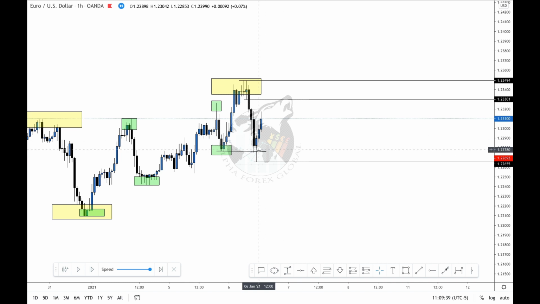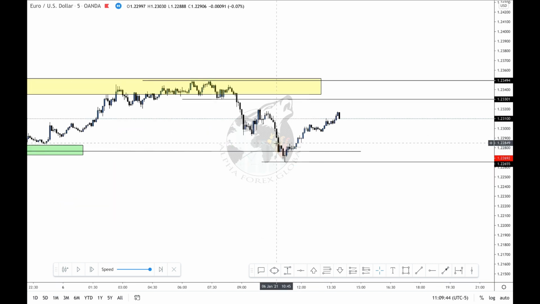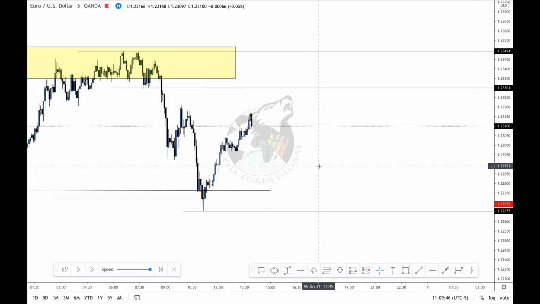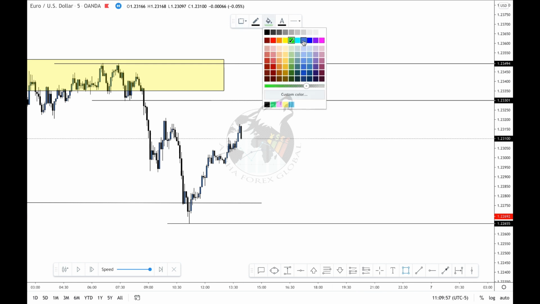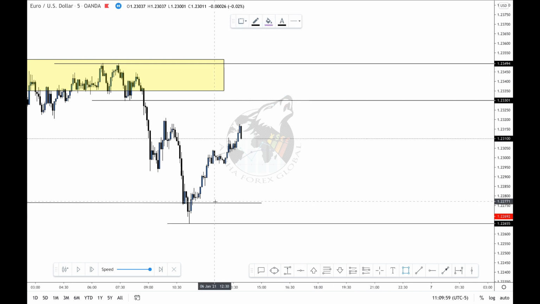Now this little pullback, let's see how it looks on say the 5-minute time frame, right? All right, so the market is pulling back on the 5-minute time frame. And remember, this is our zone that we're looking to sell, right? So I'm gonna use say purple to identify this structure.